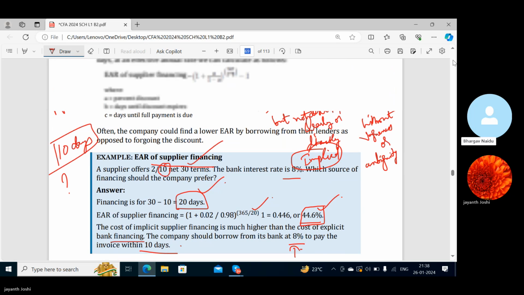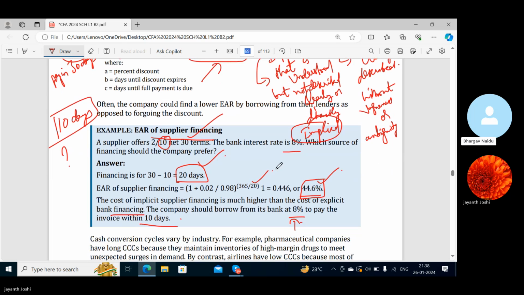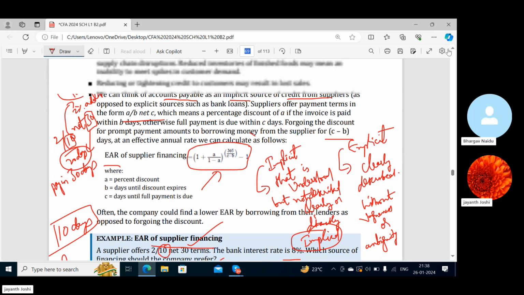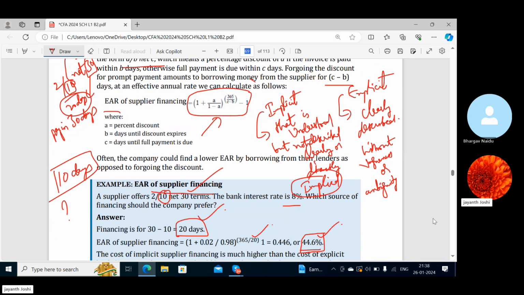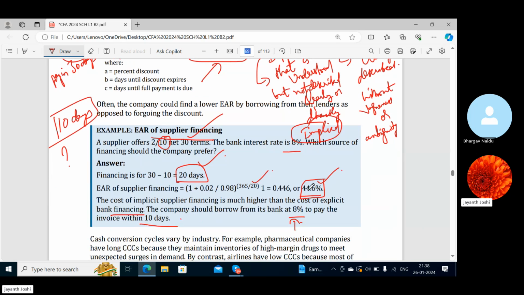So this 44.6% is the discount? No, the 2% is the discount that we are getting. The 44.6% is the foregone discount, the cost of not taking the discount. Oh, okay, right. So then how are we implying that we have to take an 8% loan and then pay?